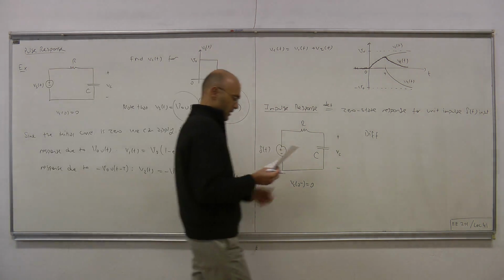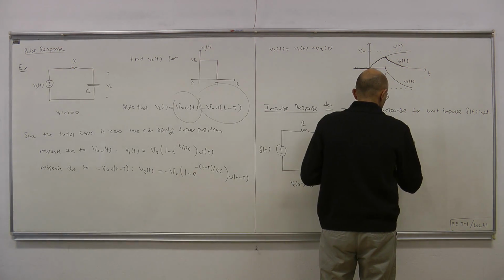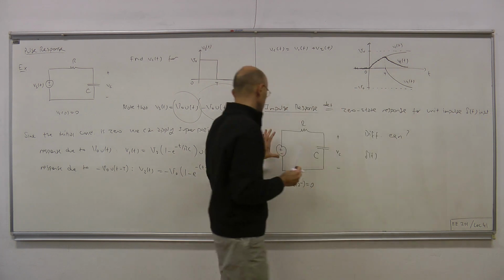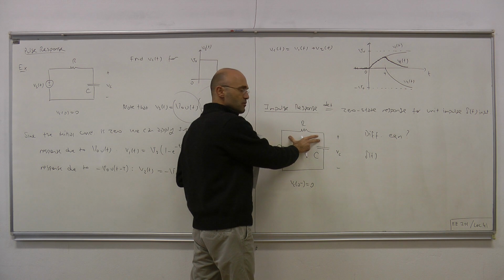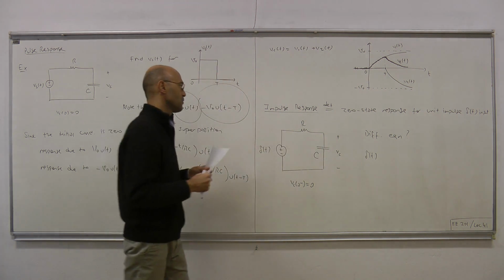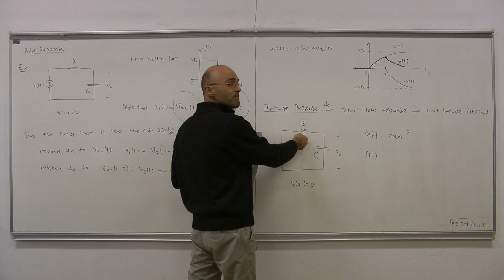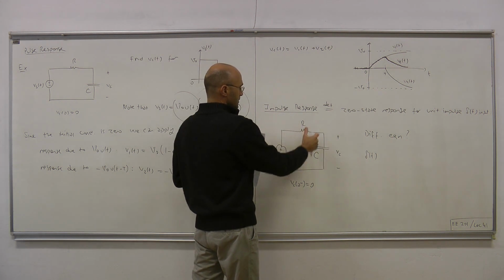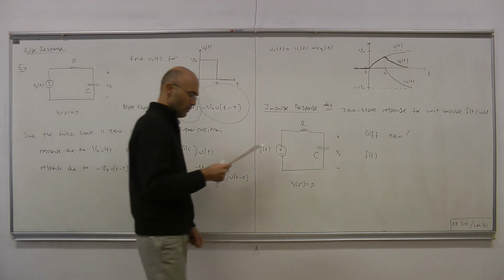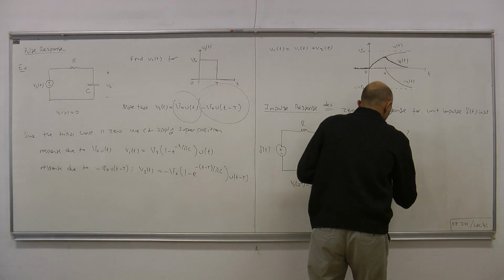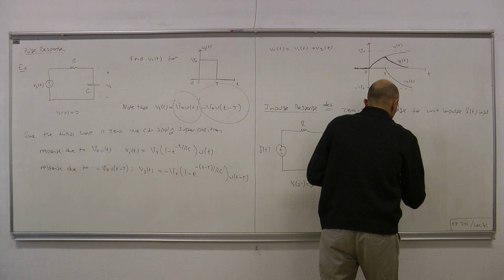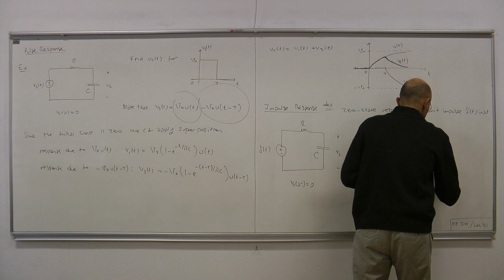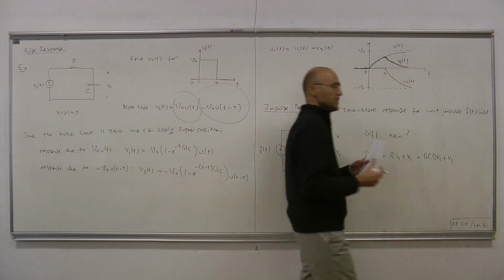Now, what's the differential equation? This voltage must equal plus minus this voltage plus minus that voltage. And this voltage is Ic, the capacitor current, times R, and the capacitor current is C dVc/dt. Therefore, R Ic plus Vc, that's RC dVc/dt plus Vc.